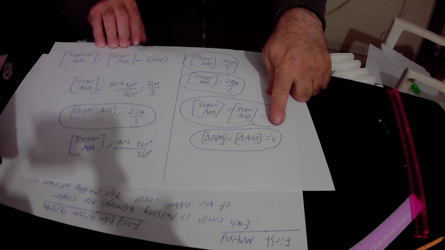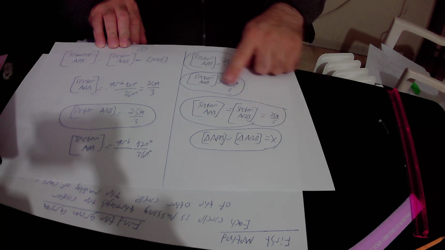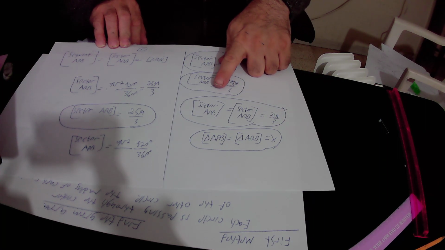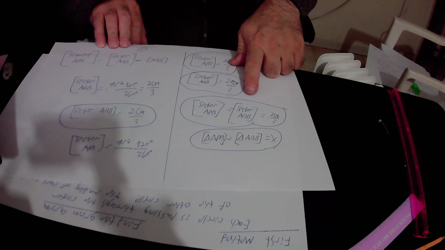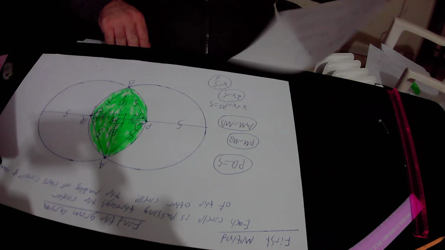We define the area of those two triangles as X, according to our definition. And the area of sector APB equals the area of sector AQB, that equals 25 pi over 3 square units.